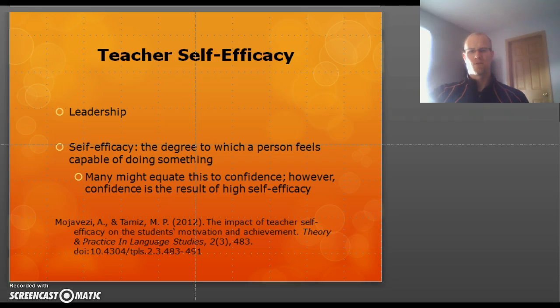And it's important to realize that self-efficacy is not itself confidence, but it's actually the first thing that comes along. If we have a high degree of self-efficacy, then that will lead to confidence. In a sense, the more you believe in yourself, the more your students will believe in you, and then they will therefore believe in themselves.